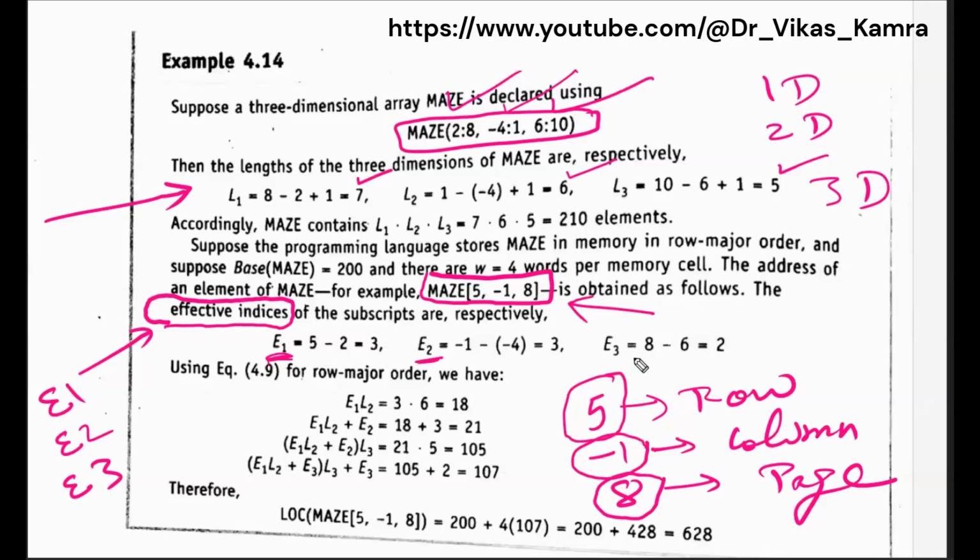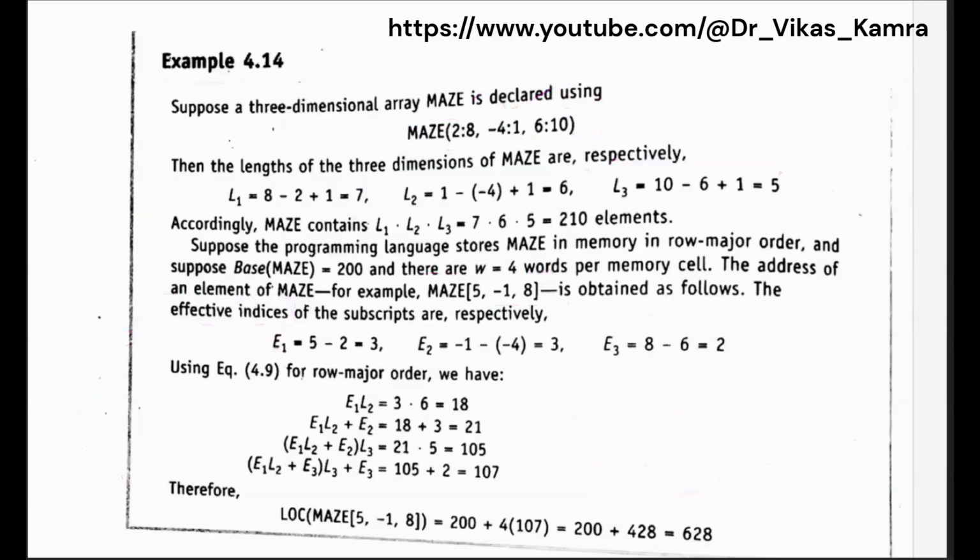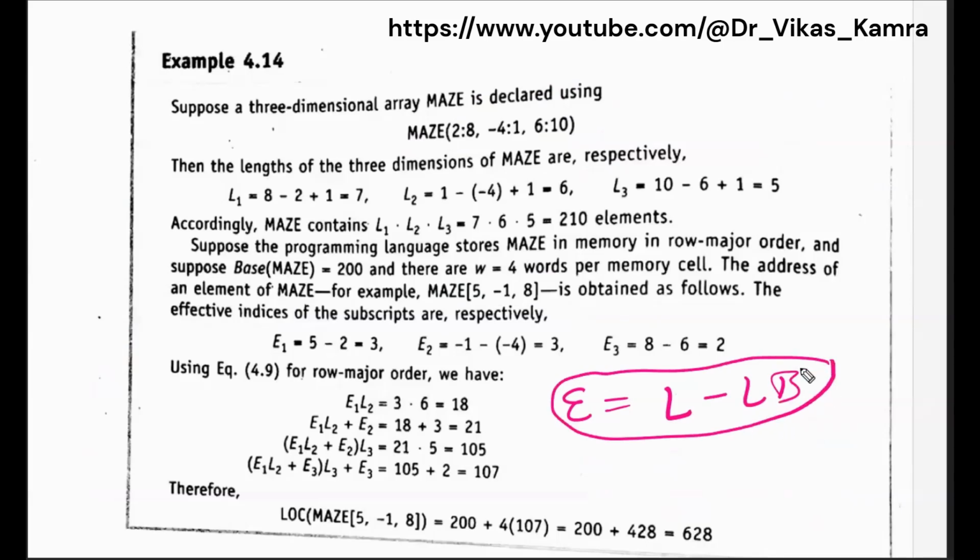So now I will tell you how to find out the effective indices. The formula to calculate effective indices is E is equal to the location for which you want to find out the address minus the lower bound. You need to find effective index 1 for row, effective index 2 for column, and effective index 3 for page.